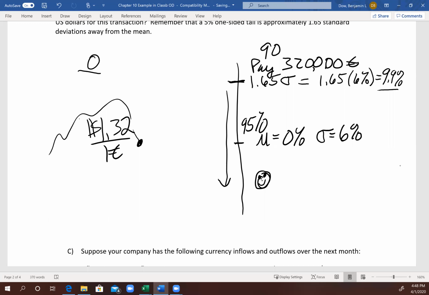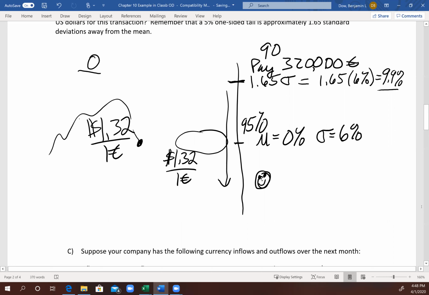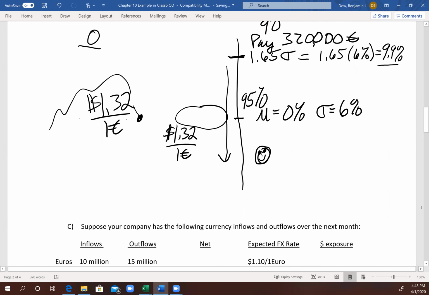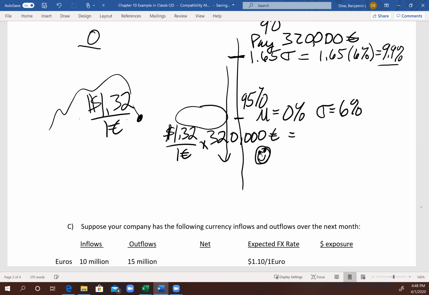Well, we think we're going to pay $1.32 per euro. And we have to pay, I forgot what the number was, 320,000. So we owe someone 320,000 euros. We kind of expect to pay them $422,400.